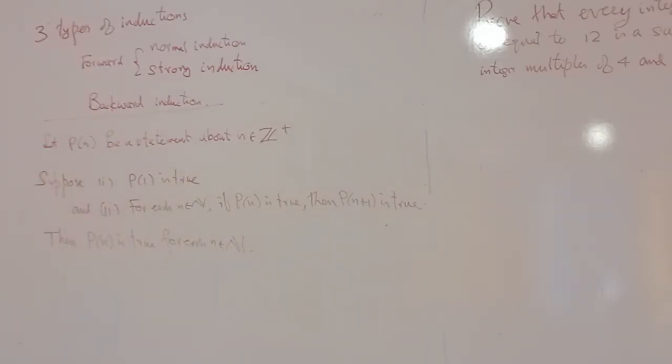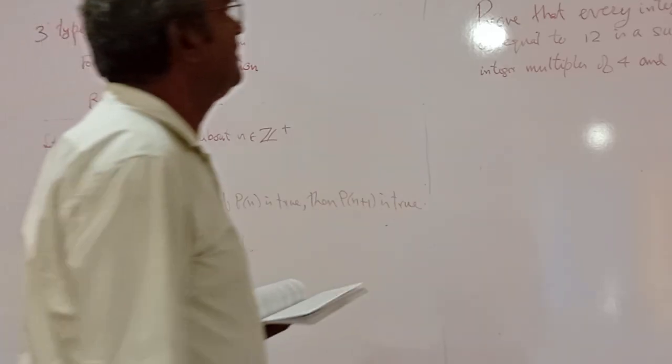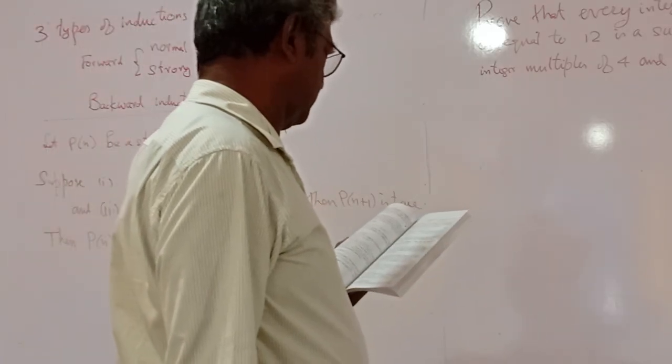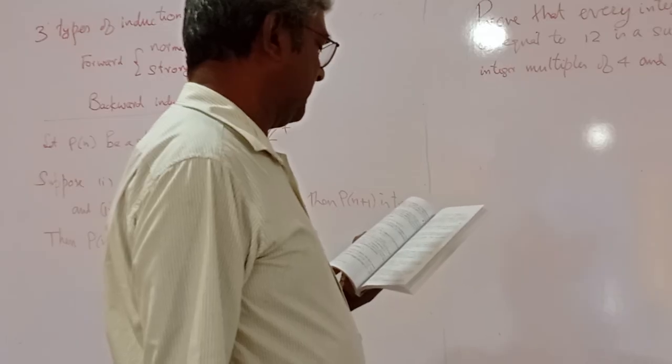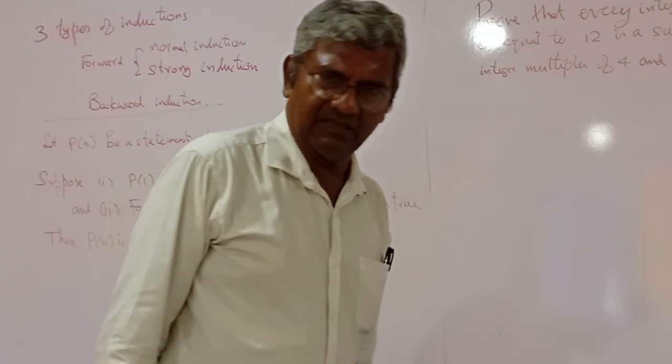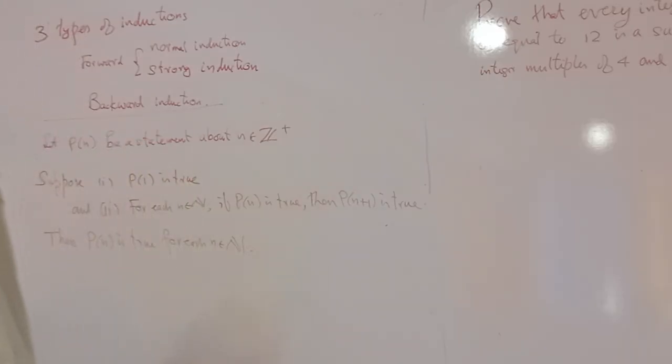You understand the problem, no? Prove that every integer greater than or equal to 12 is the sum of two non-negative integer multiples of 4 and 5. What it is saying is, if you take any number greater than or equal to 12, you can express that as 4 times some number plus 5 times some number.